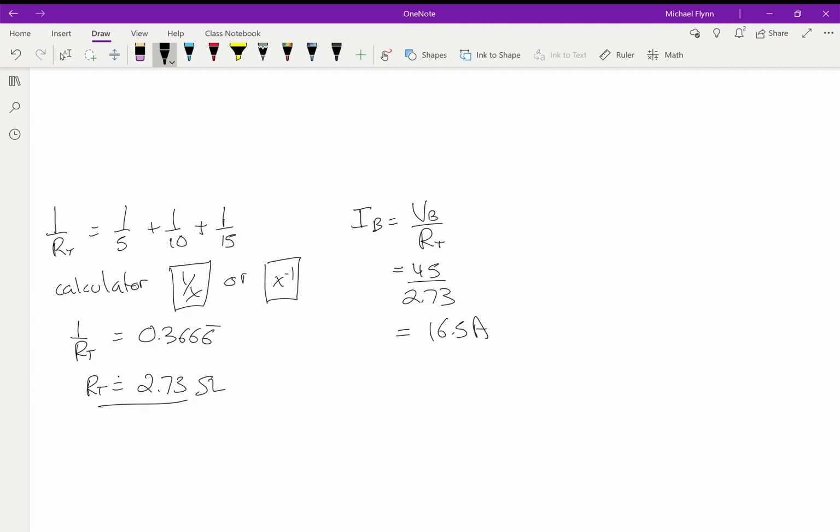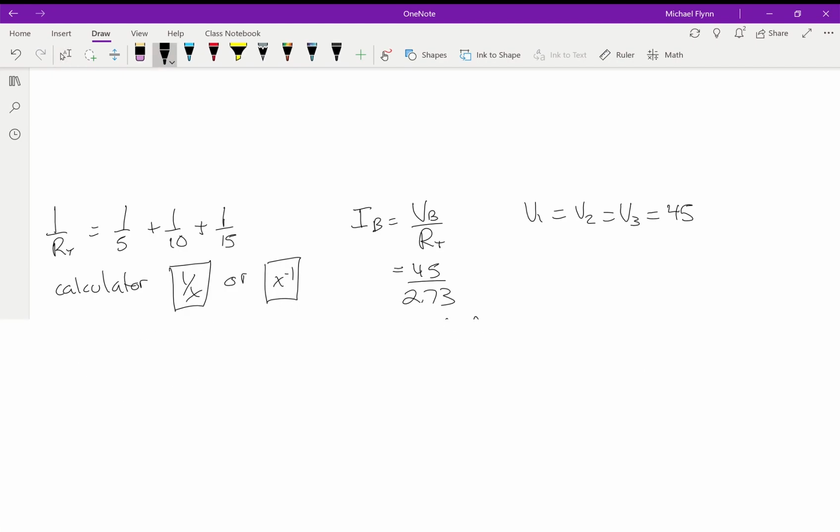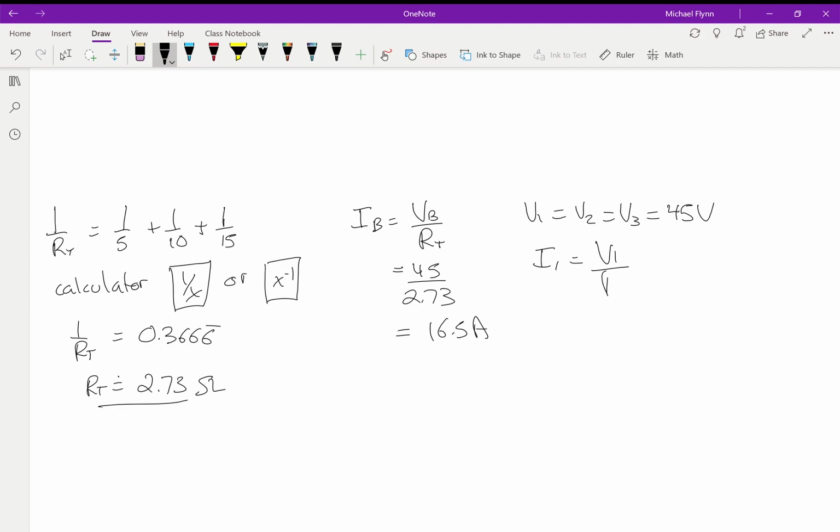Now, what about finding the individual currents and voltages? We know that V1, V2 and V3 are all equal to the battery, so that's 45 volts. No problem. But what about the currents? I1 would be V1 divided by R1, which is 45 divided by 5, that's just 9 amps.